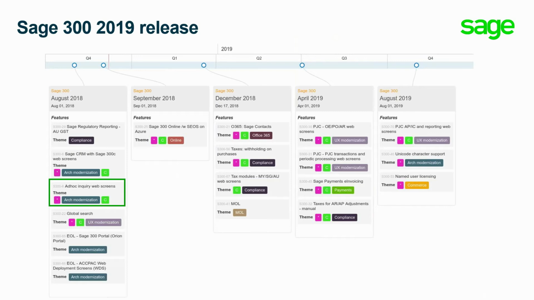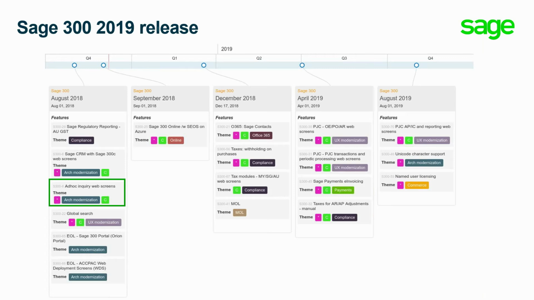Now, some of you might be familiar with the ad hoc query screens that we used to have, or well, we still have in the Sage 300 portal. Not all the customers were taking advantage of this, probably because not a lot of the customers were going directly into the Sage 300 portal, but we still want to provide the same functionality inside the web screens.